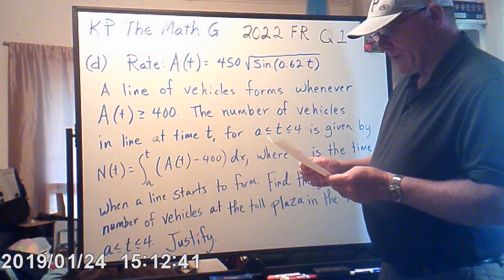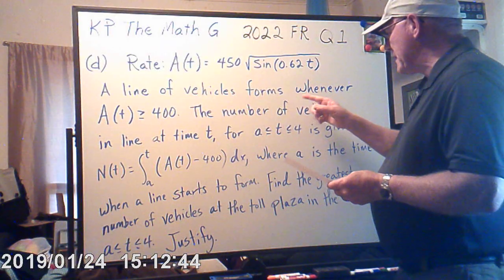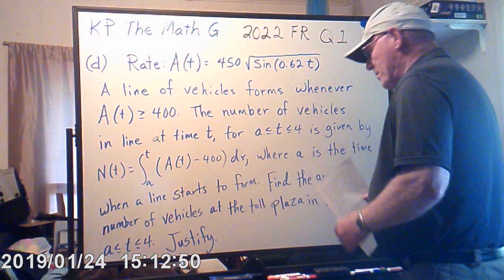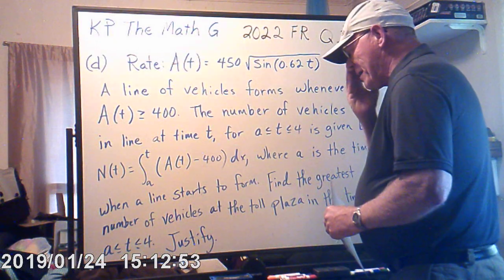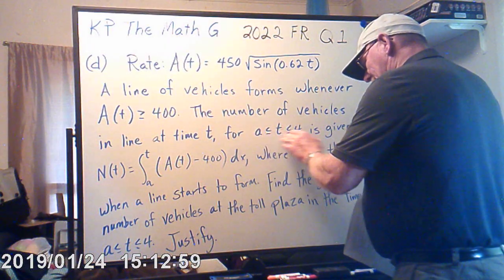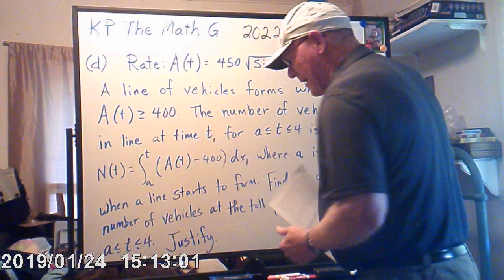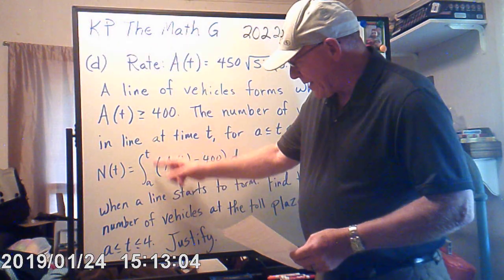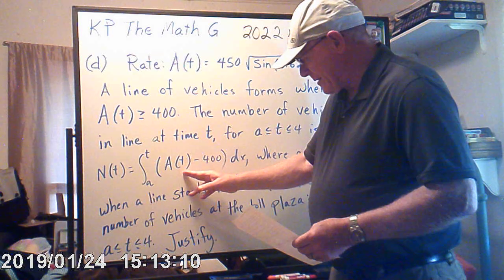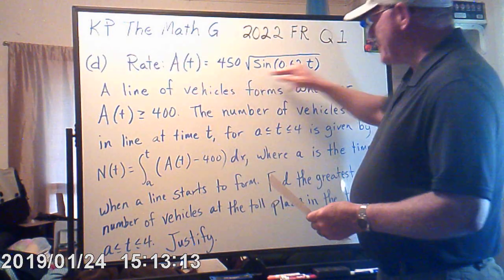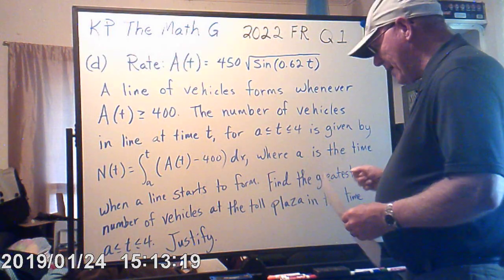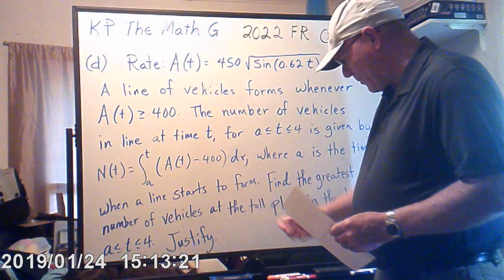Part D says this: a line of vehicles forms whenever A(t) is greater than or equal to 400. The number of vehicles in line at time t, for t between a and 4, including a and 4, is given by the equation N(t) equal to the integral from a to t of A(x) minus 400 dx, where a is the time when a line starts to form.